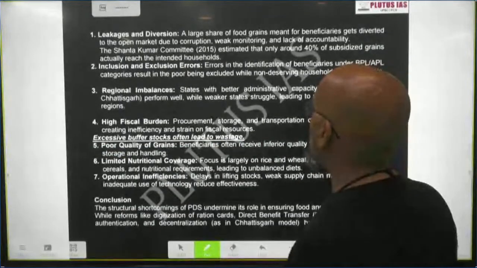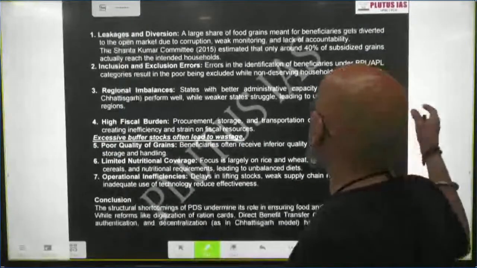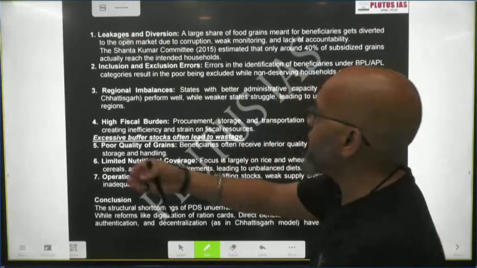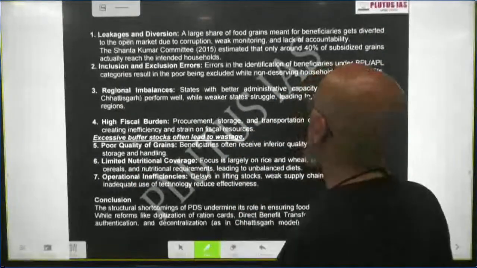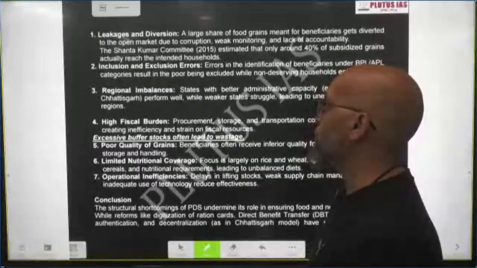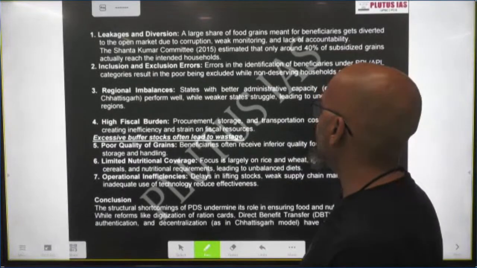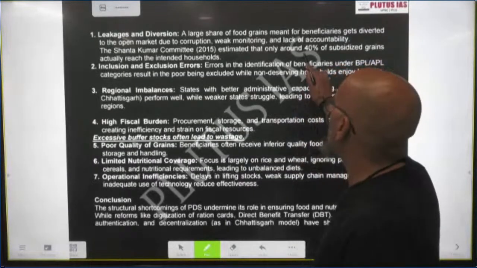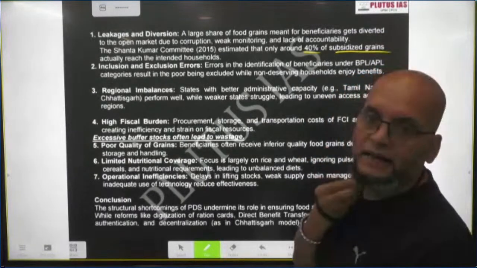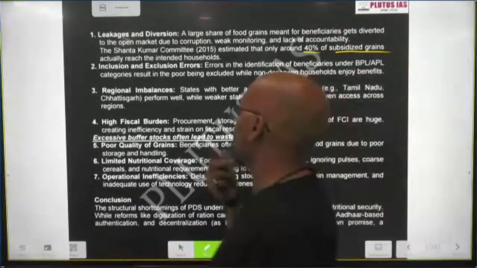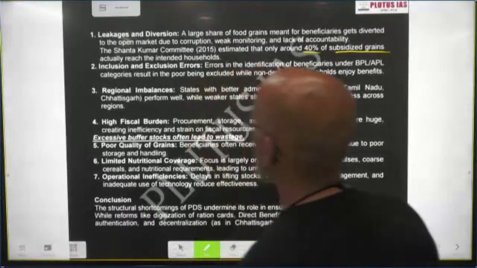A large share of food grains meant for beneficiaries gets diverted into the open market due to corruption, weak monitoring, and lack of accountability. The Shanta Kumar committee estimated that around 40% of subsidized grains actually reach the intended households. Inclusion and exclusion errors.